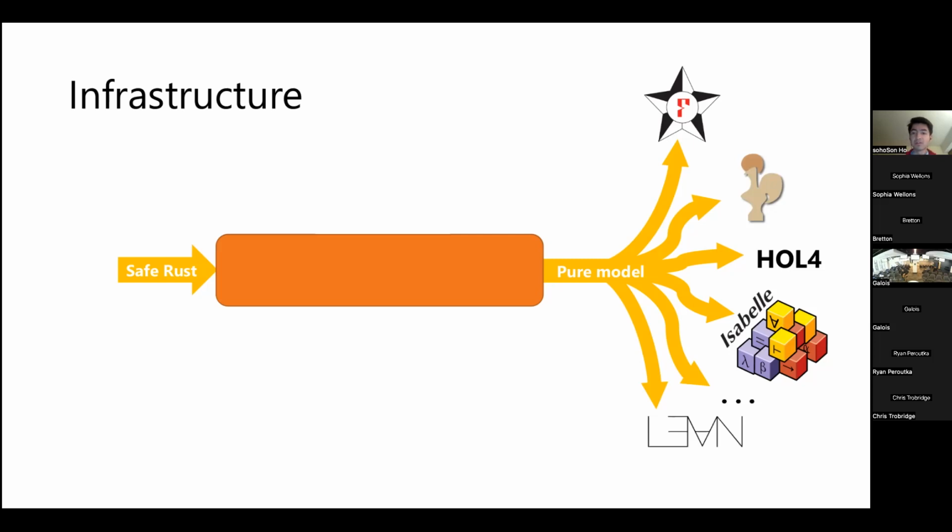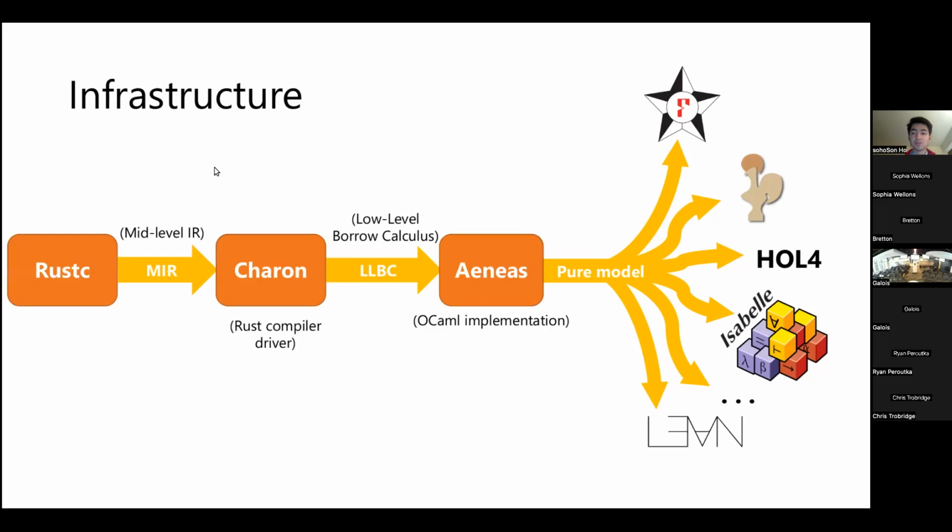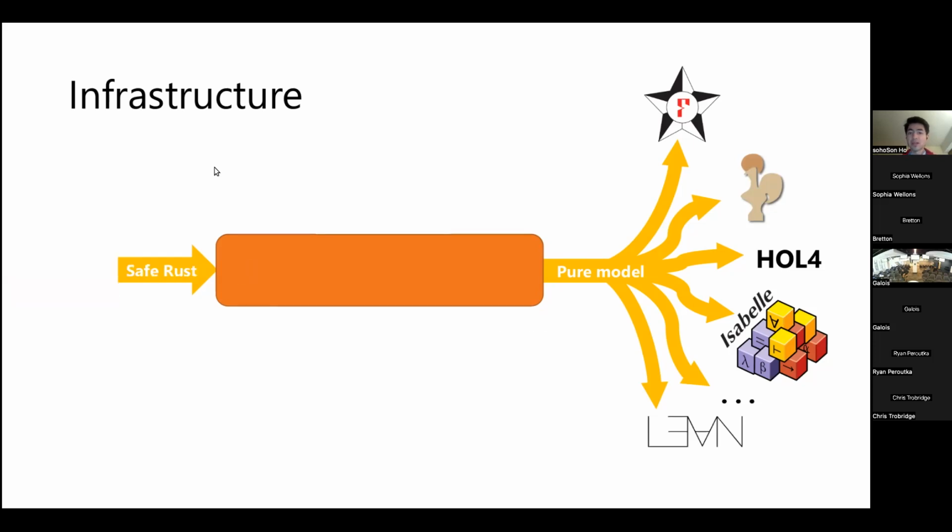So what we do on our side is we take as input a large subset of safe Rust, and we leverage the constraints given by the Rust type system and its borrow mechanism to compile it to a pure functional model, which allows you not to think about memory when you reason about the code. And then we extract this model to various backends.